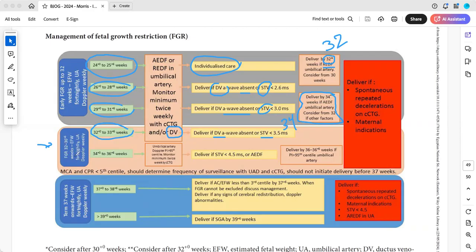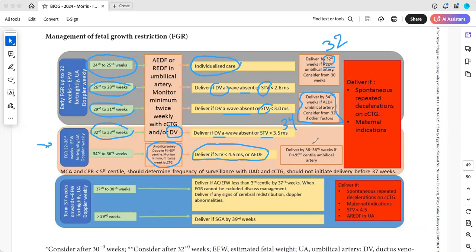I will follow up weekly by the umbilical artery Doppler, and 2 weekly I will do the fetal weight, okay? If the umbilical artery Doppler is found to be abnormal, remember twice weekly CTG. And remember, after 34 weeks, no role for ductus venosus. And I will deliver if the STV is less than 4.5 or absent diastolic flow.